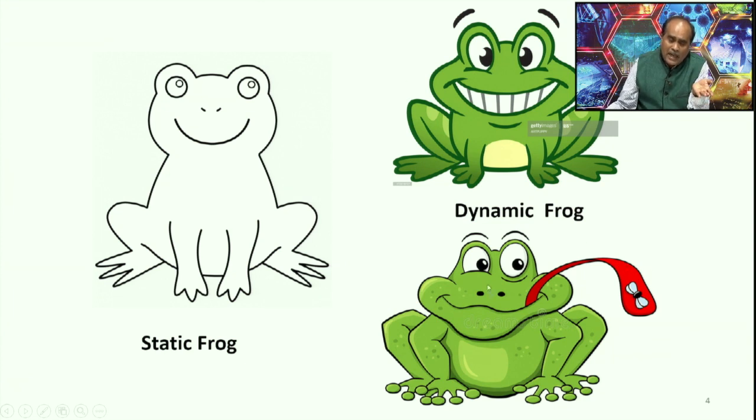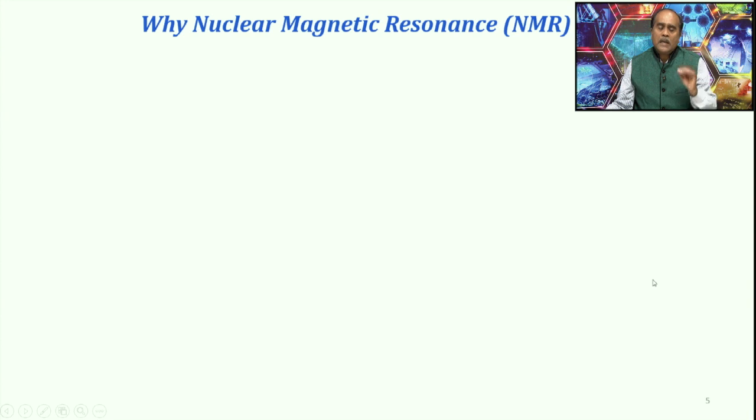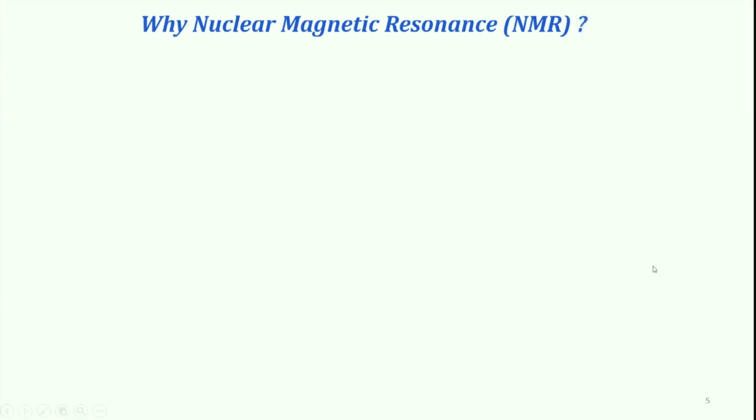So, you require a tool which can club this structure with the subtle time scale motion done by this frog to understand completely the behavior of a frog, and therefore 3-dimensional structure requires a 4th dimension, which is the time dimension.